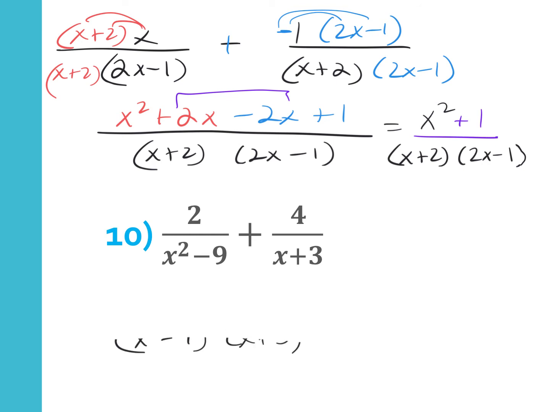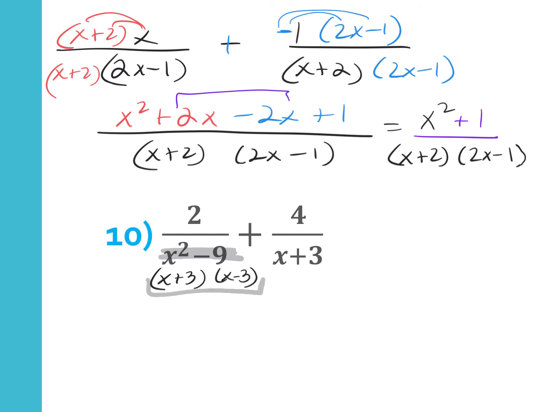So always, always, always look to see, can I factor my denominators? And the denominator of the first one factors into x plus 3 and x minus 3. So now that is changed, and now we won't use this because this is what we're using now.